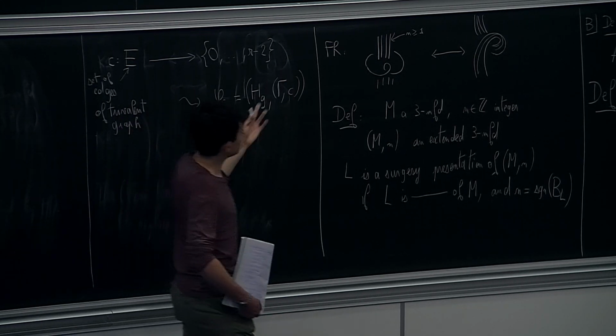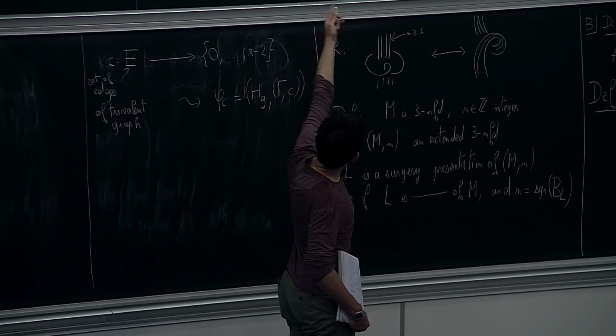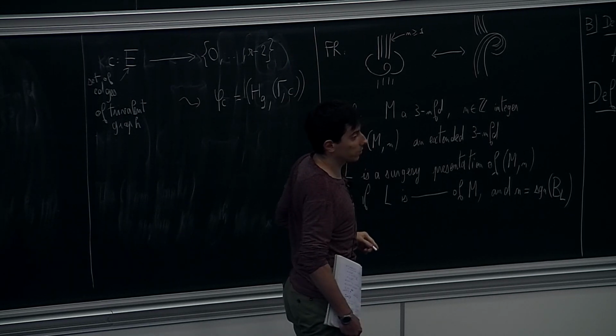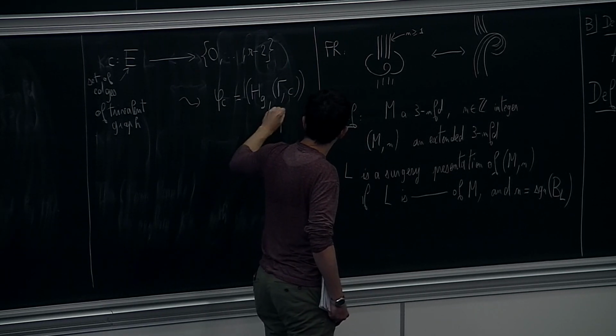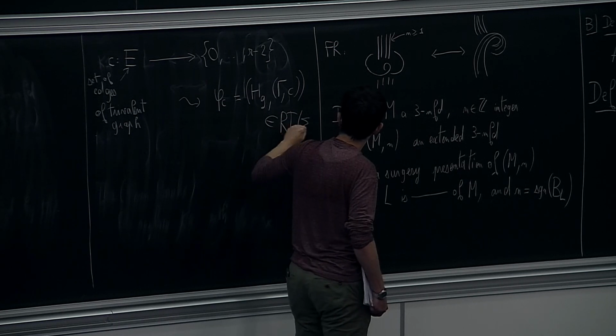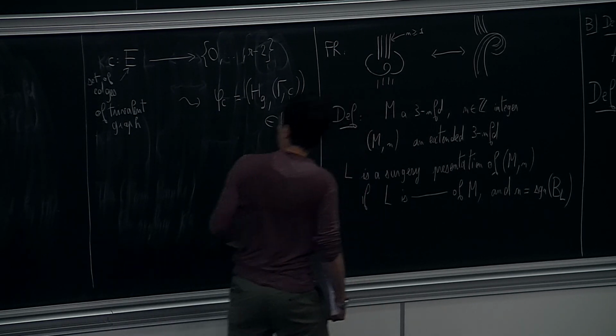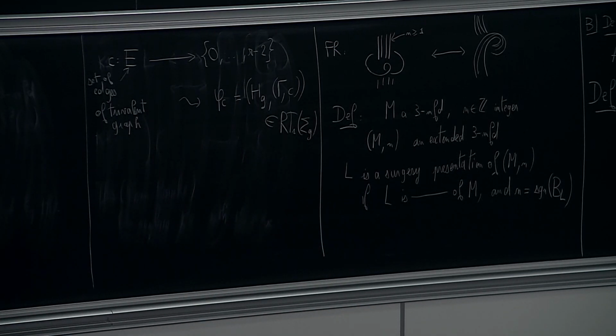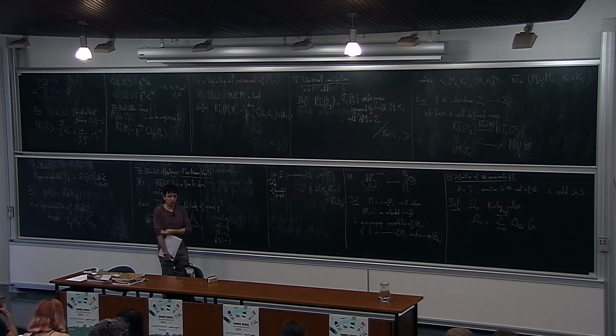This thing can be taken as an element of the space RT_r of Sigma. So what I say is that I can get a finite basis for this vector space using such vectors. Yeah, the graph is the spine of the handlebody.